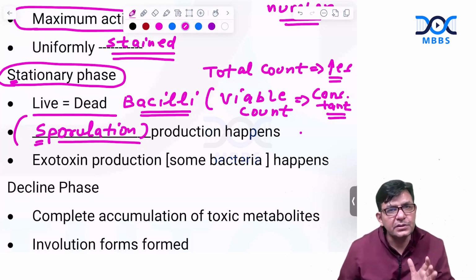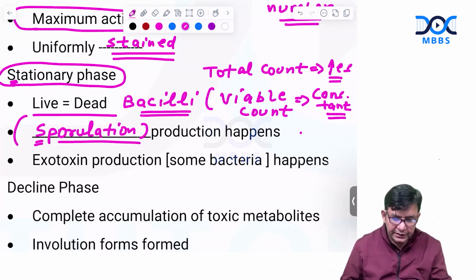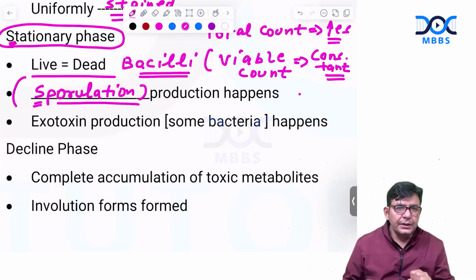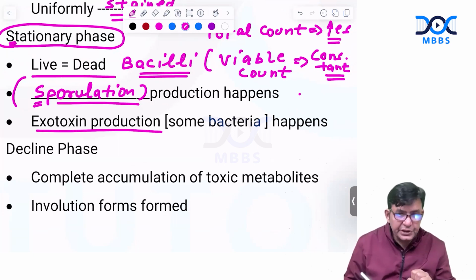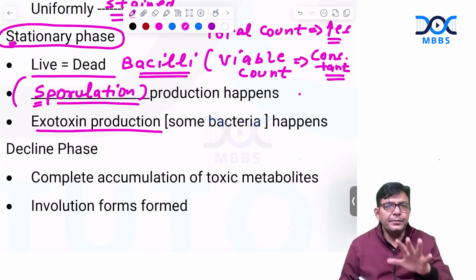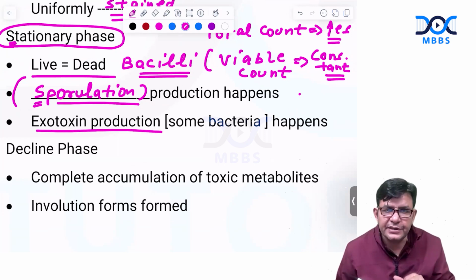Interestingly, exotoxin production, which is mainly by gram-positive bacteria, also happens in the stationary phase.